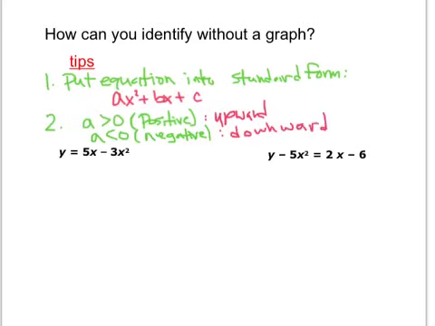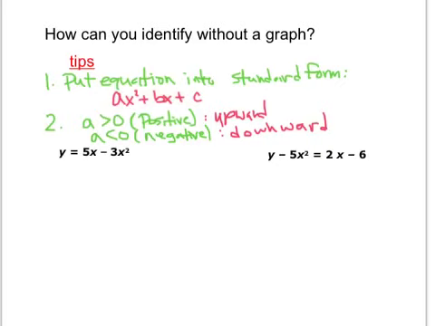So if a, that number in front, the leading coefficient, is positive, our graph points upward, and if it's negative, it points downward. We can think of that as being true because if something is going up, we think of it as positive, and if it's going down, we think of it as negative.